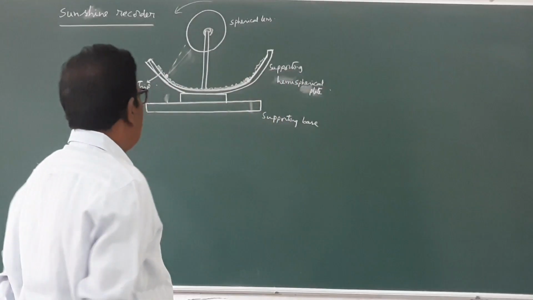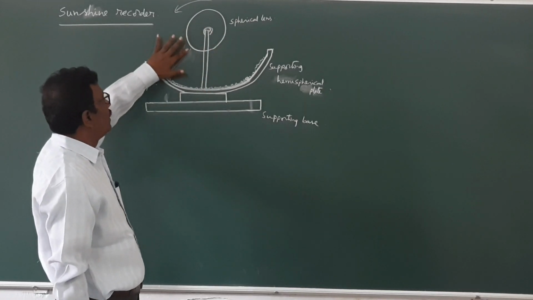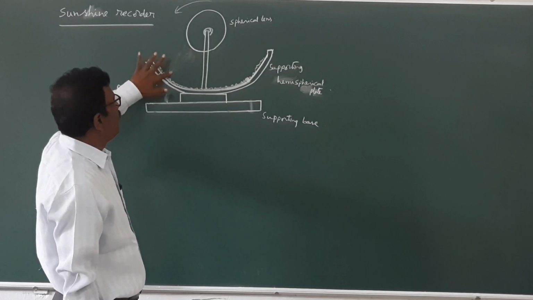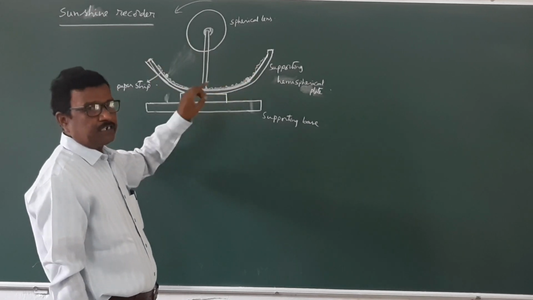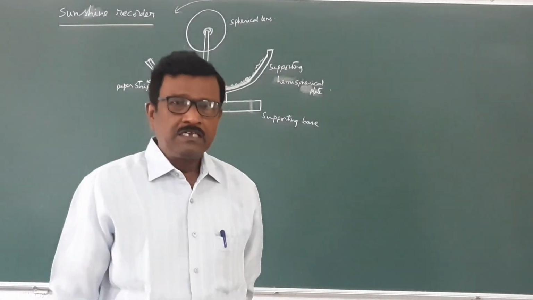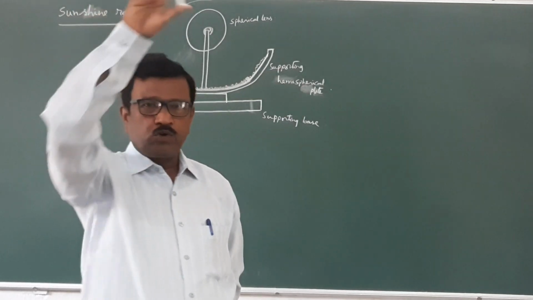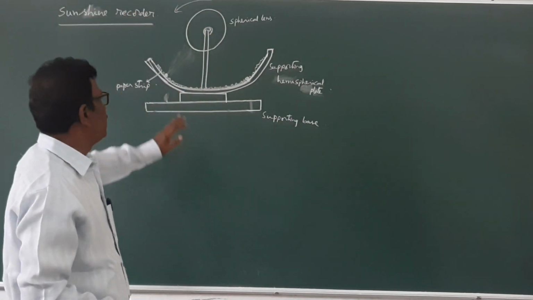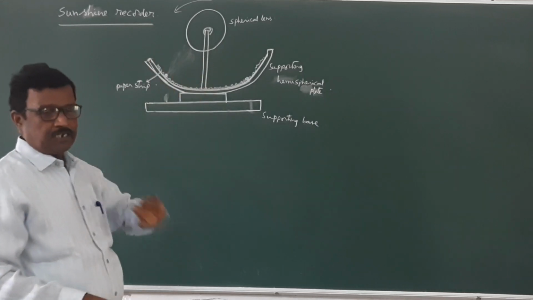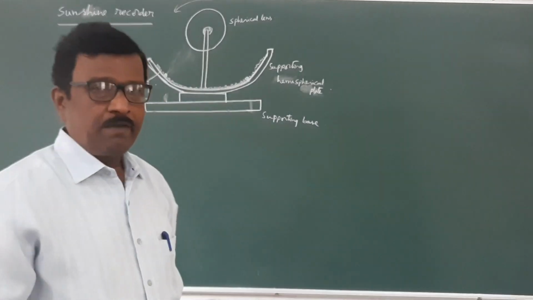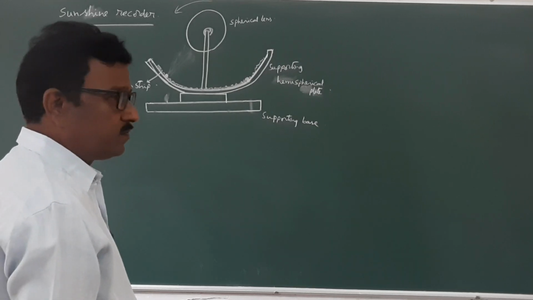This is called a sunshine recorder, because here we can record the amount of time for which sufficient solar radiation can be received from the sun, for example from 9 o'clock to 4 in the evening, or 9 to 2. You can measure the availability of solar radiation in a given time interval. So, this is called a sunshine recorder.